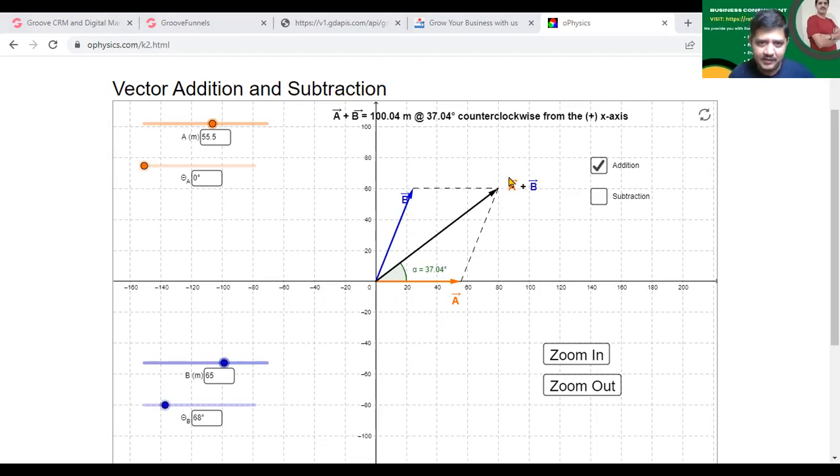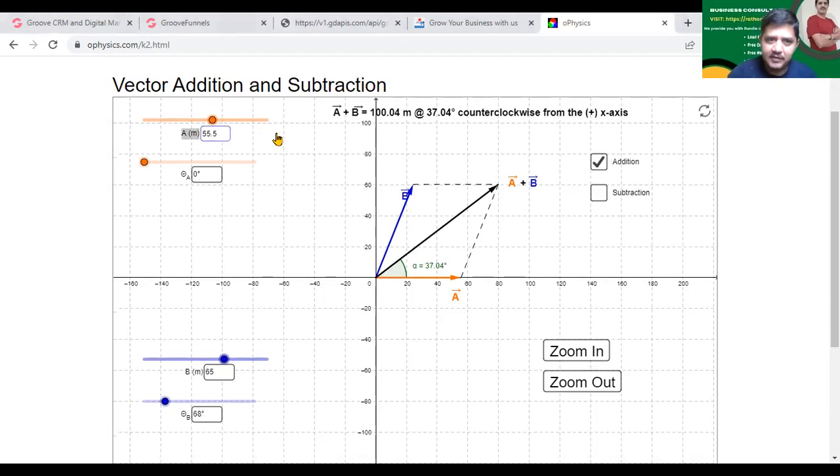Now what do we do here? We have to add two vectors. Simple. So where is vector A? Vector A slider is here, theta is here. Vector B slider is here, theta is here. Now I need to give some vector values. Let the length of vector A be equal to 50 centimeters or 50 units. Let me give it as 50 units. Okay.